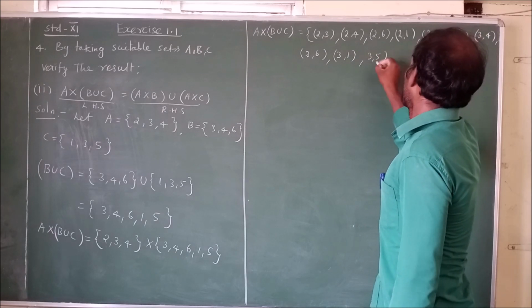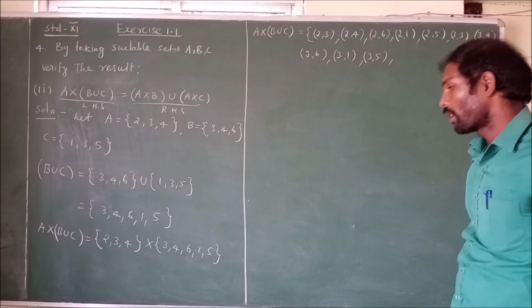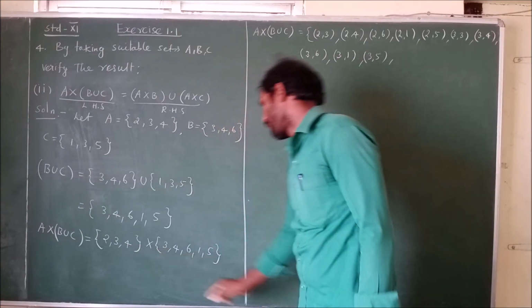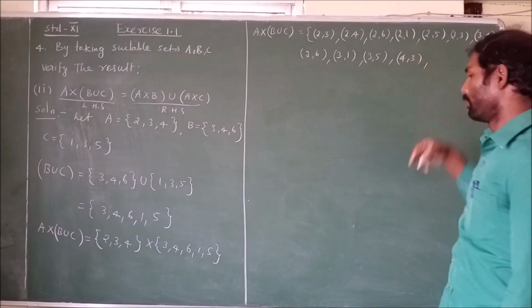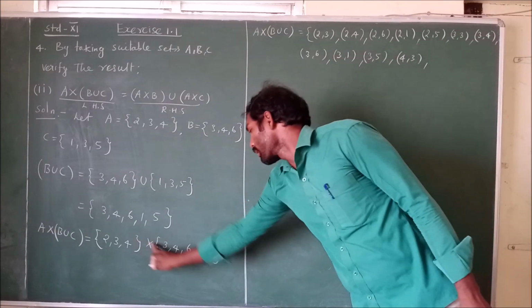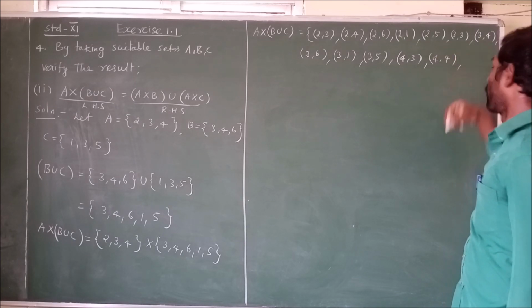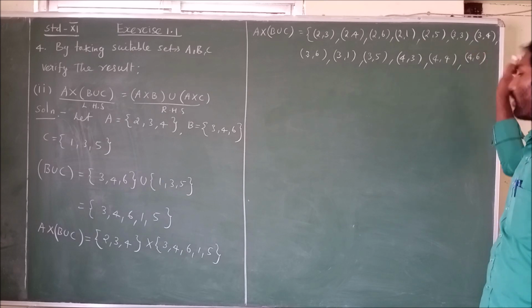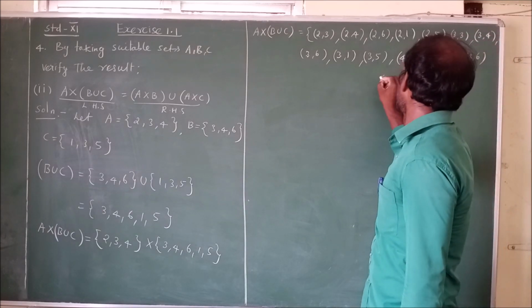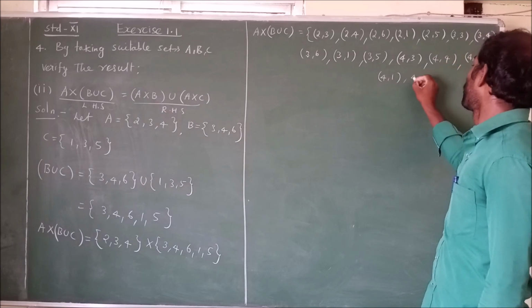Then the last one is 4 comma 3, 4 comma 4, 4 comma 6, 4 comma 1, and 4 comma 5.